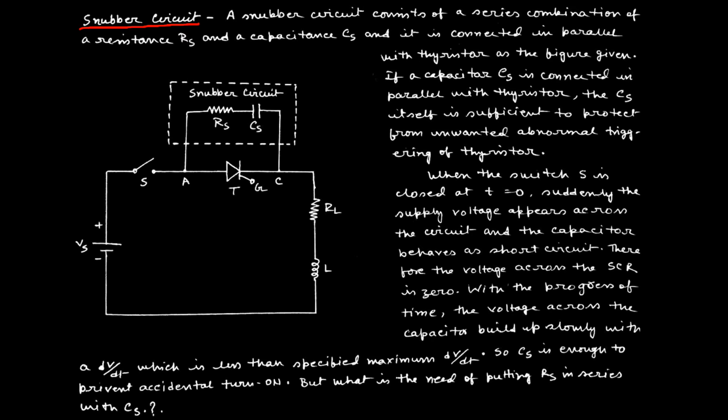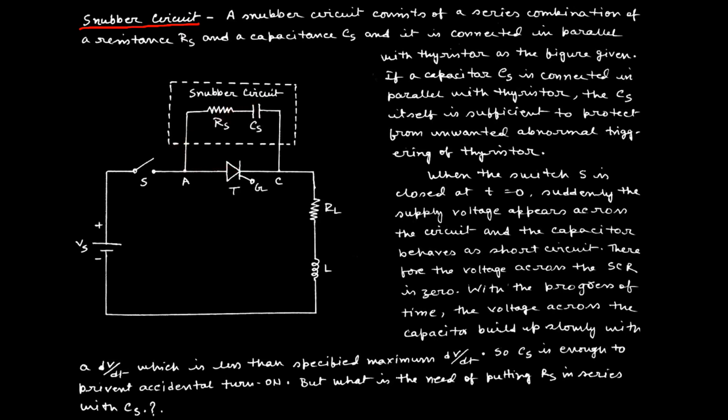That means when the capacitor discharges in this direction, the total dI/dt puts some stress on this switch T. So this capacitor is quite capable of protecting against the high dV/dt from the supply, but it will produce a huge amount of dI/dt when the capacitor starts discharging.